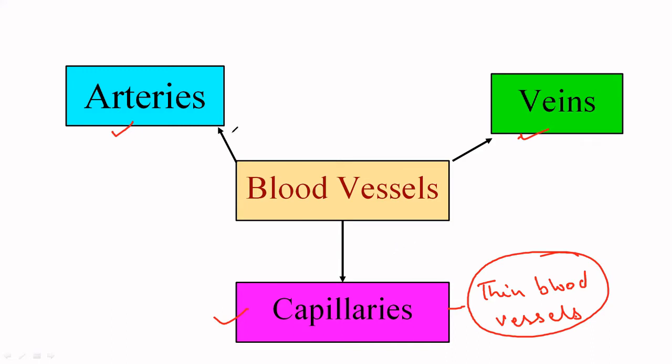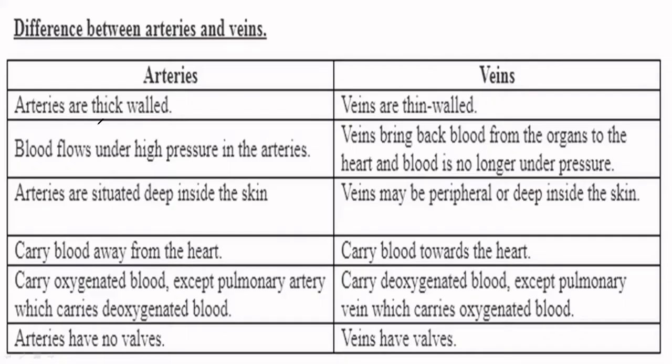Now let us discuss some differences between arteries and veins. Some of the differences are shown in this table. Arteries are thick walled. Why are they thick walled? Because the blood flows under high pressure in the arteries. Blood is received by the arteries from the heart.